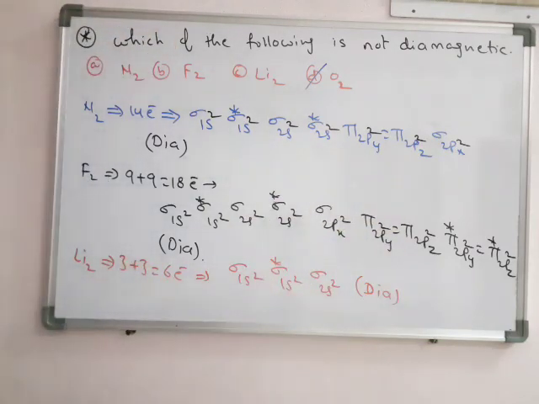The remaining one is O2. How many electrons? 16 electrons. With the help of this configuration you can write O2.